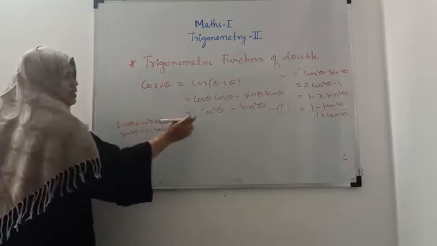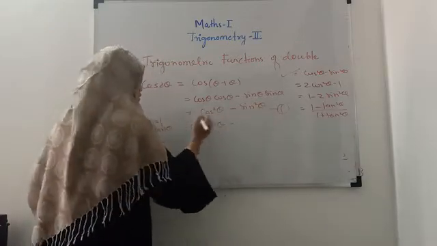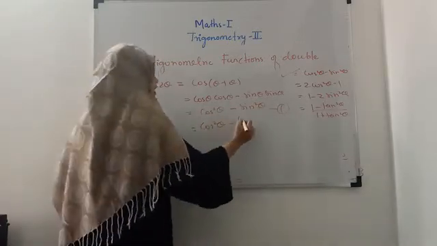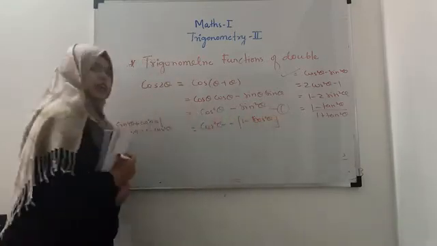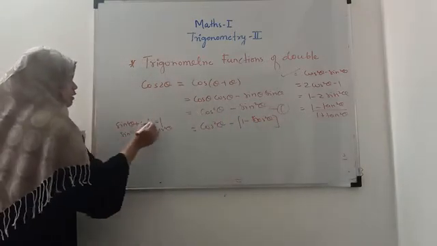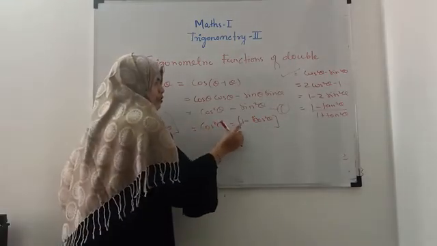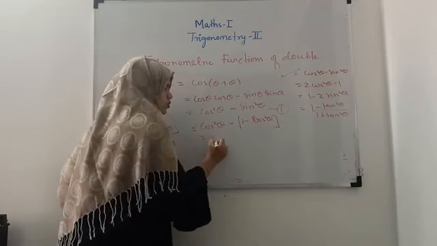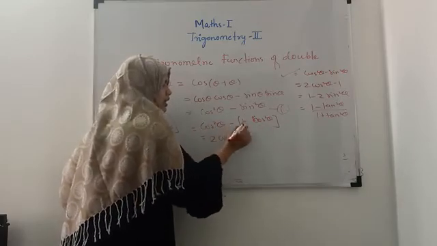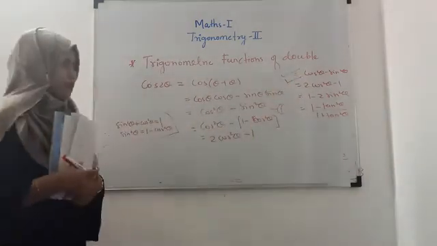So we will substitute this in here: cos square theta as it is, and sin square theta we will write as 1 minus cos square theta. Okay, so just give this reason in the margin, what you are using. So this cos square theta plus cos square theta is 2 cos square theta, and this is minus 1. This is your second formula.